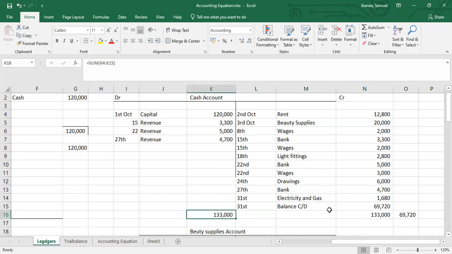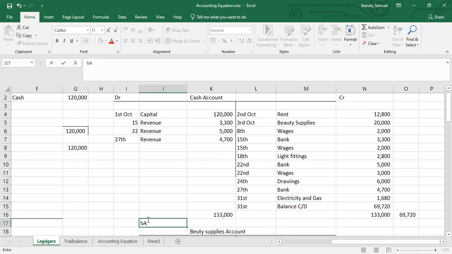And since we've put here balance carried down, we'll come here and put a balance brought down. Now, in most cases, this balance brought down is in the next financial year. It's 1st November, next period. If it was a financial year, then that would be the next financial year.